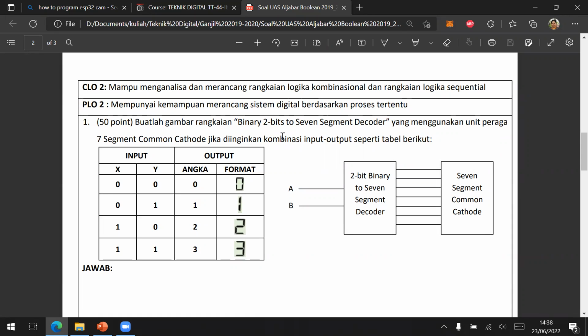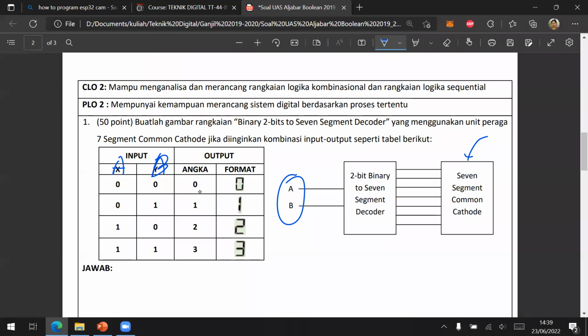So right now, you are asked to create the combination logic to decode the input of A and B to turn on the 7 segment accordingly. For example, if this one is A, this one is B, if A is 0 and B is 0, it will represent the value of 0.